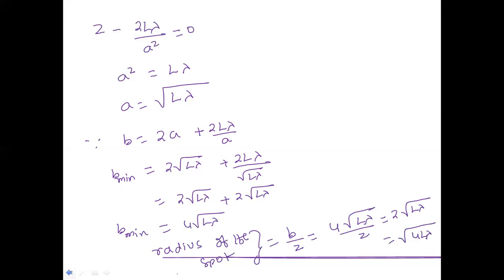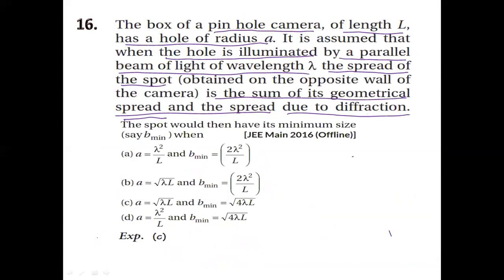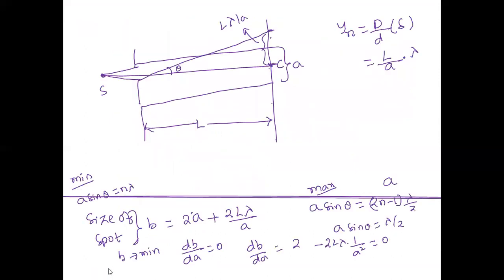So A equals under root L lambda, and B minimum is option C.